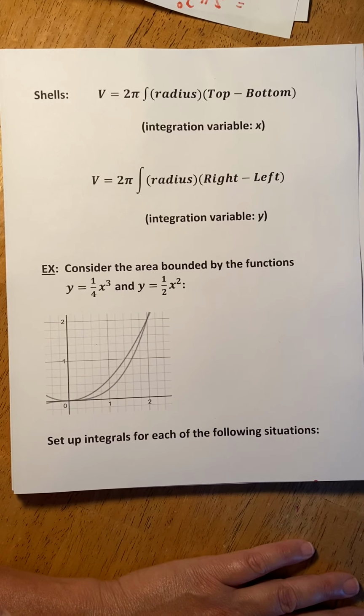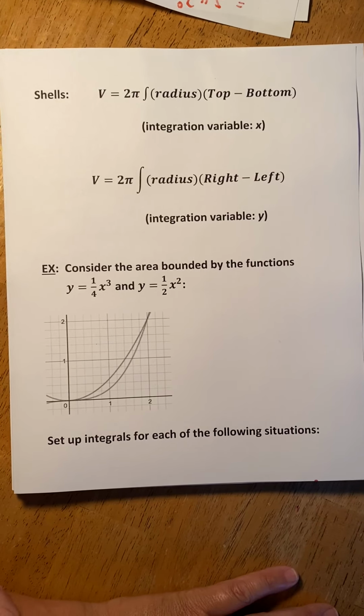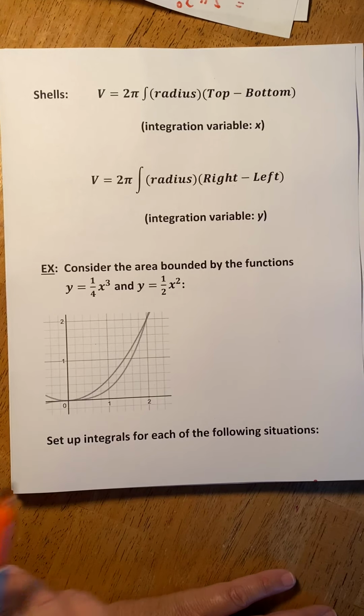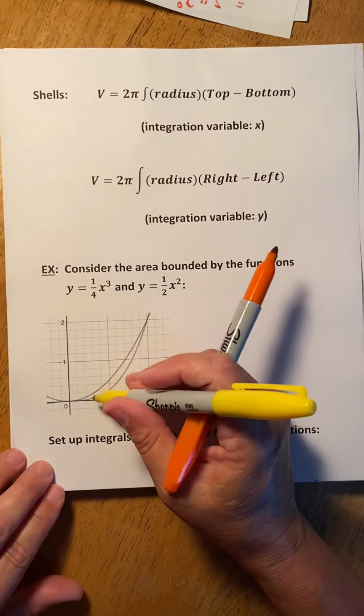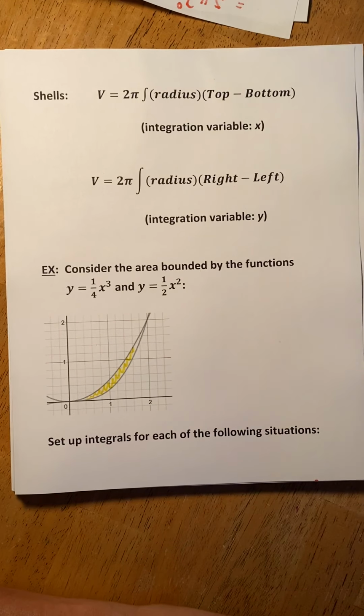All right, so I'm going to set up 4 more integrals and leave the integration up to you, and verify that they come out the same. That's the challenging part. So let's consider this area bounded by the functions 1/4 x cubed and 1/2 x squared. Which is which?